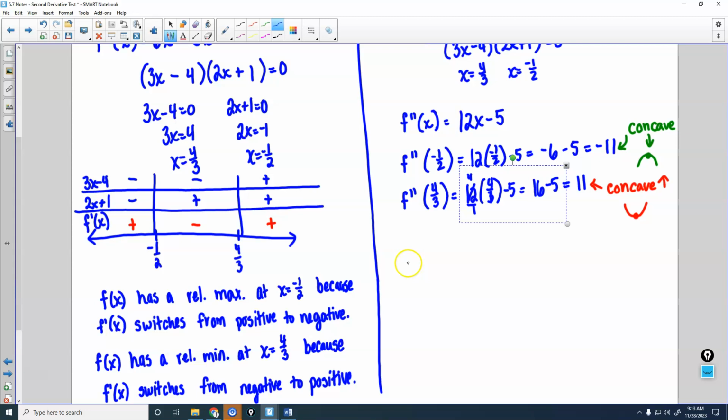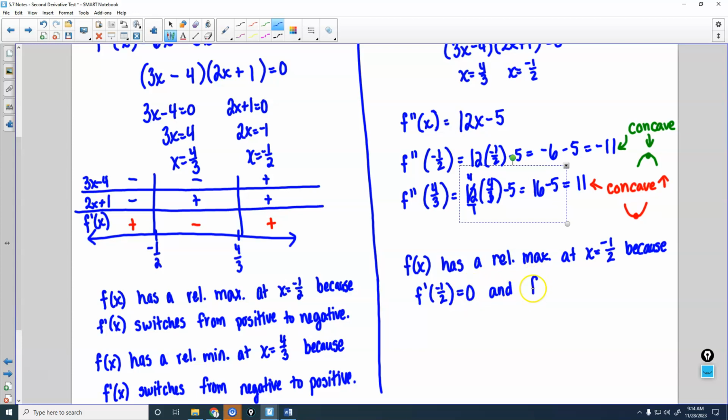You can say, so f of x has a relative maximum at x equals negative 1/2 because our first derivative at that point, and to show it's at that point, do f prime of negative 1/2 equals 0 and f double prime of negative 1/2.